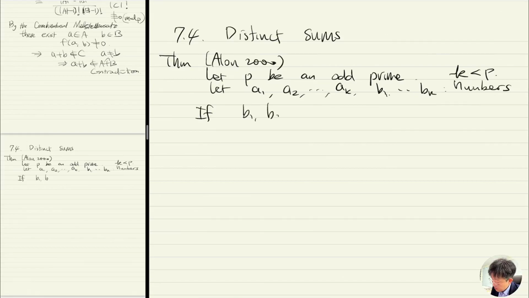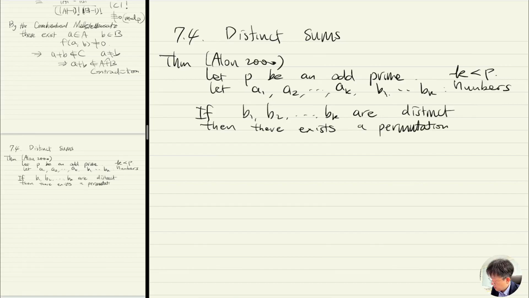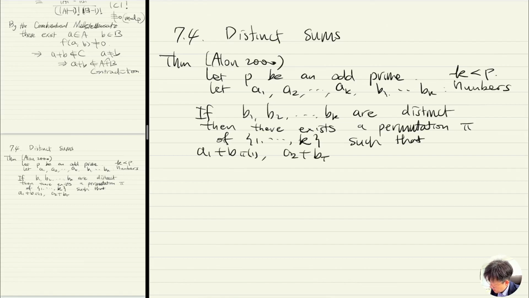If b1, b2, ..., bk are distinct, then there exists a permutation pi of 1 to k such that a1 plus b_pi(1), a2 plus b_pi(2), ..., ak plus b_pi(k) are all distinct.